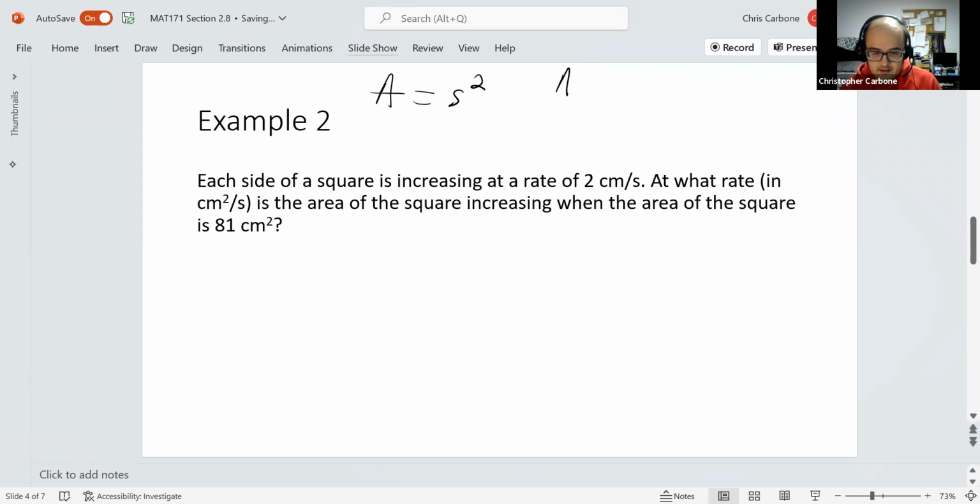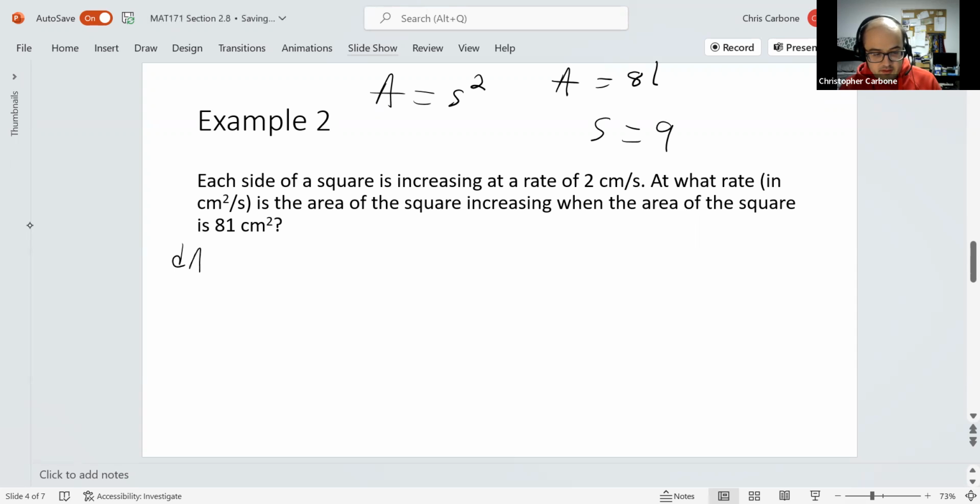We know the area we want is 81, so based on our formula, each side length has to be 9 centimeters for that to make sense.